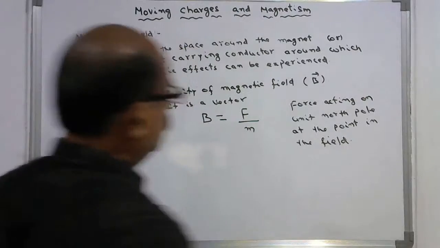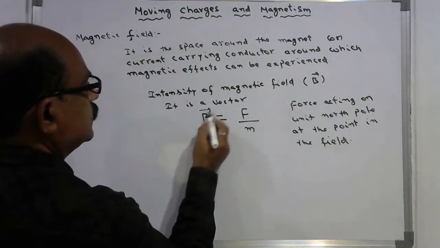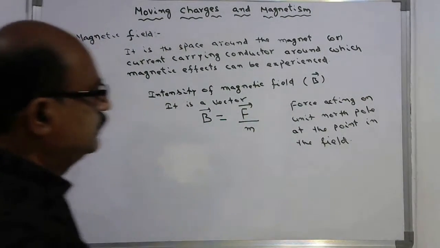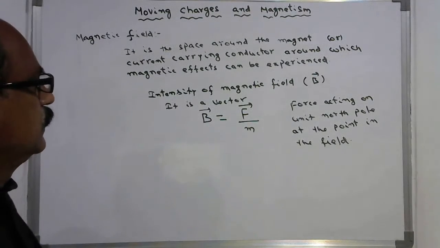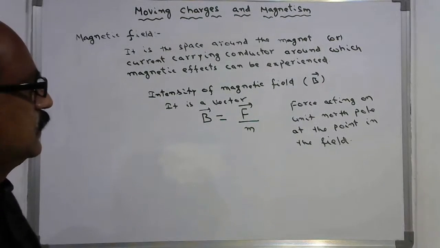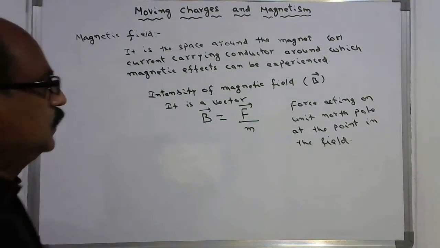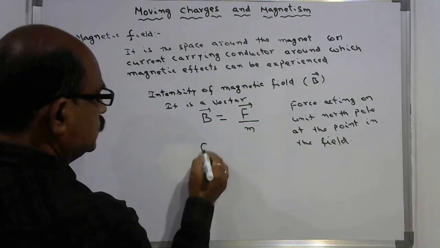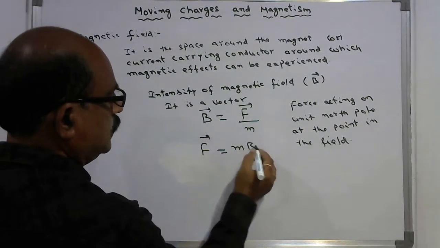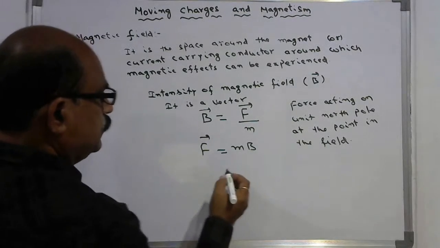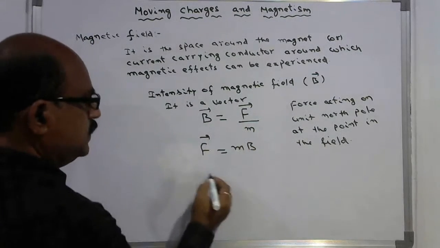The magnetic induction is a vector, since force is a vector. The force experienced can be written as mB. So what is the unit of B?